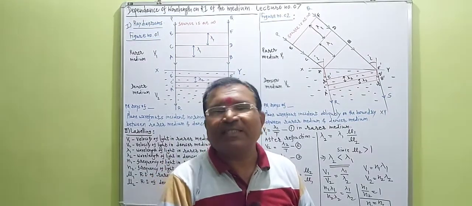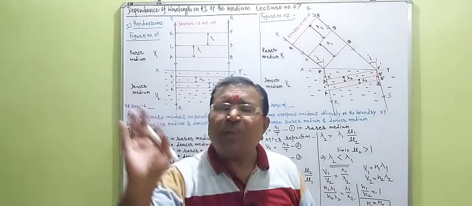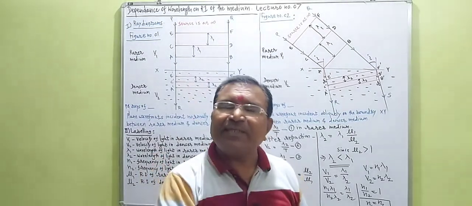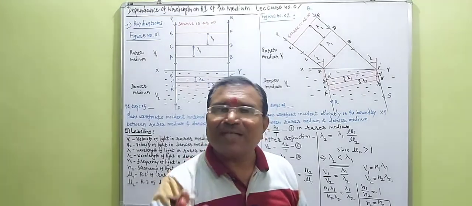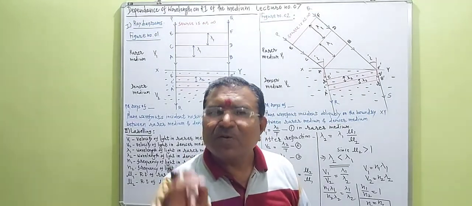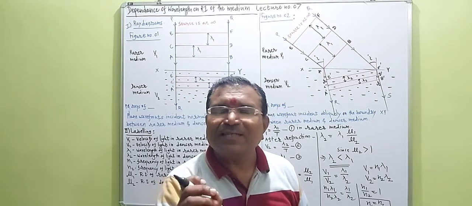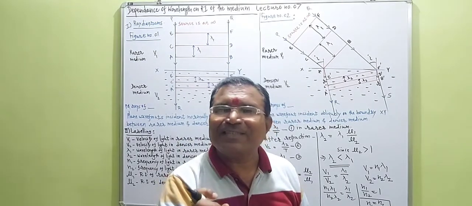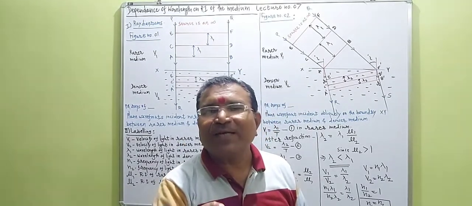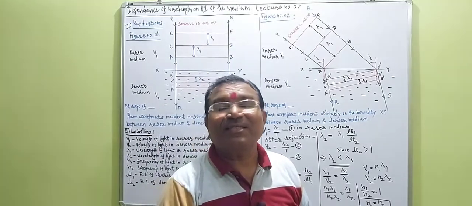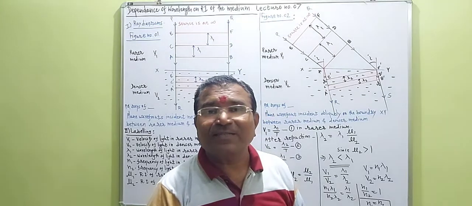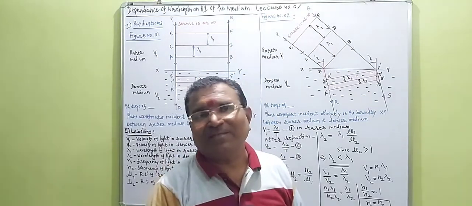Though this condition is there, there is no effect over the frequency of light in rarer medium as well as denser medium. In short, we can say that during refraction frequency of light remains constant. So this is the effect of refractive index over the frequency.